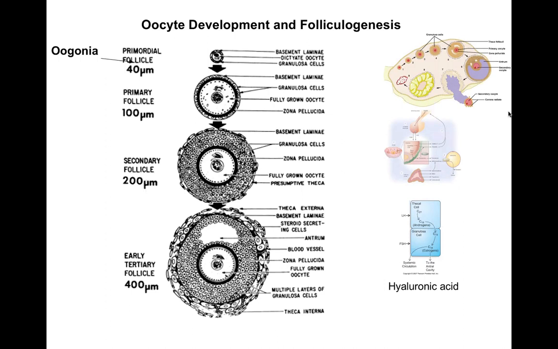One is known as the luteinizing hormone, the other is known as follicle stimulating hormone. At this point, we are more interested in the follicle stimulating hormone because that's the one which is going to help in the proliferation of the granulosa cells.